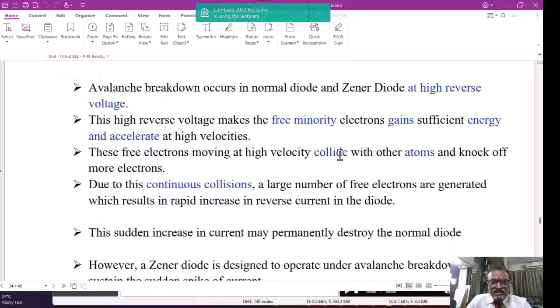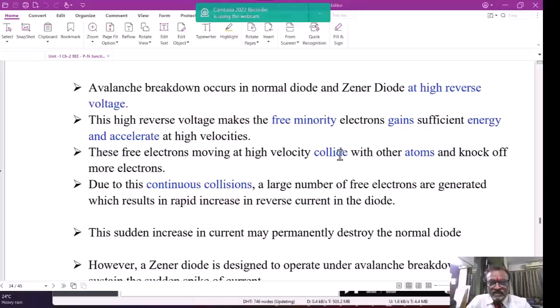High reverse voltage applied across the device, more than the breakdown voltage, makes the free minority electrons gain sufficient energy and accelerate at high velocities. When these accelerated minority charge electrons cross the p-n junction barrier, they strike the immobile ions.